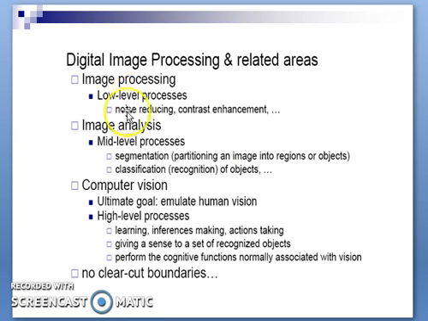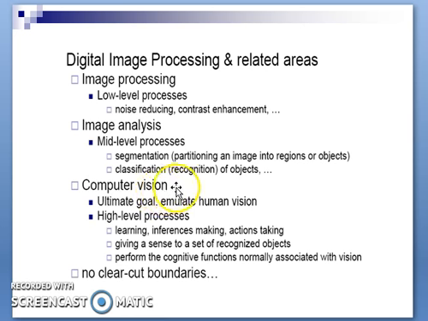In the low-level process, which is otherwise enhancement, and in segmentation, the inputs are images and the outputs are images or parts of images. Now, there could also be mid-level processing involving classification or recognition of objects.